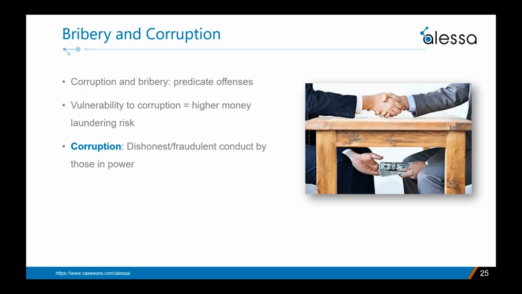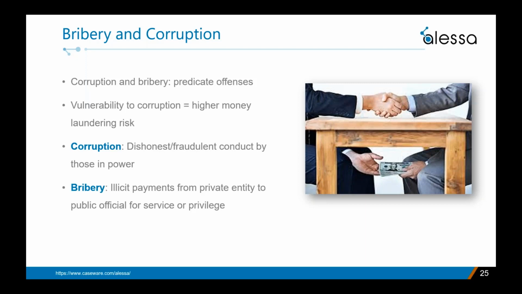So what's the difference between the two? Well, corruption is defined as dishonest or fraudulent conduct by those in power. For example, a public official who selects vendors for government contracts based on how those contracts will benefit them personally.